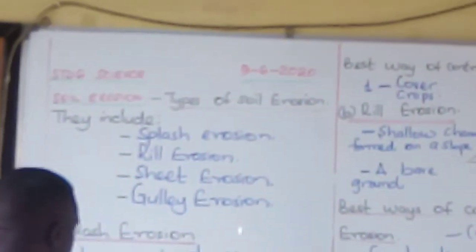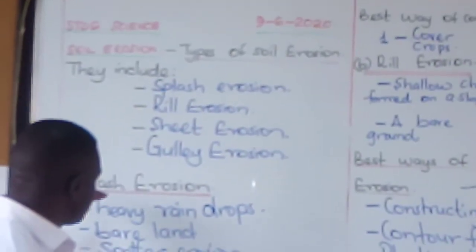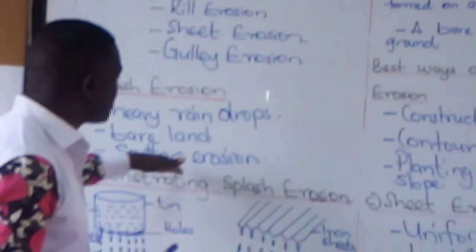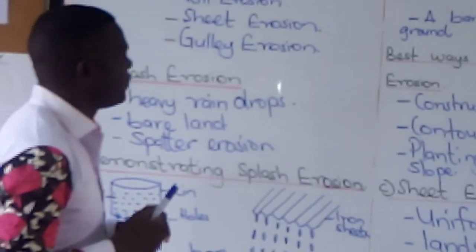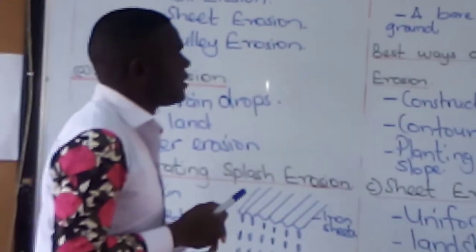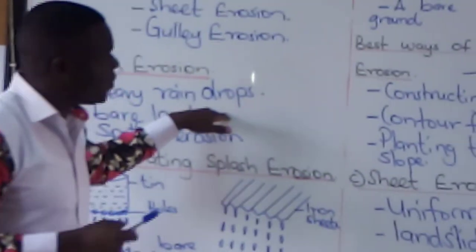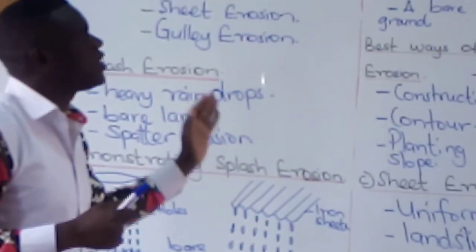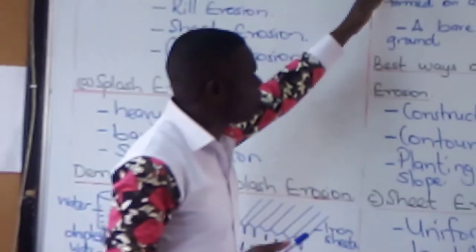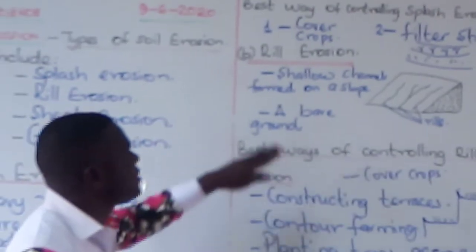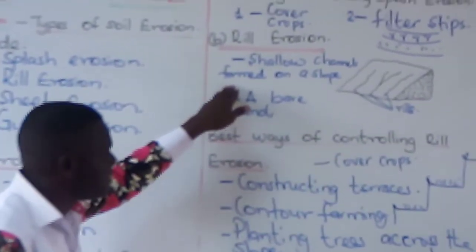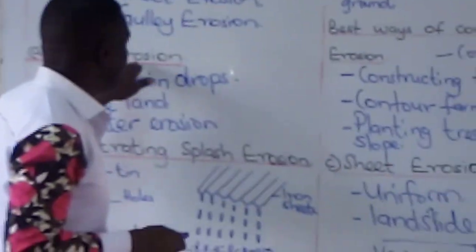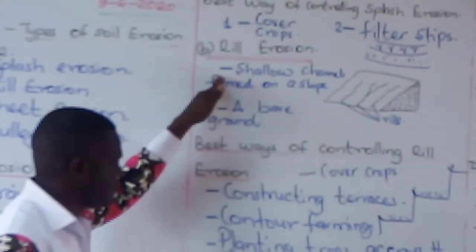We've learned that splash erosion is also known as spatter erosion. Maybe that one you did not know. We have learned that splash erosion can slowly lead to rill erosion, and this is on a gentle slope. Only on a gentle slope does splash erosion lead to rill erosion.